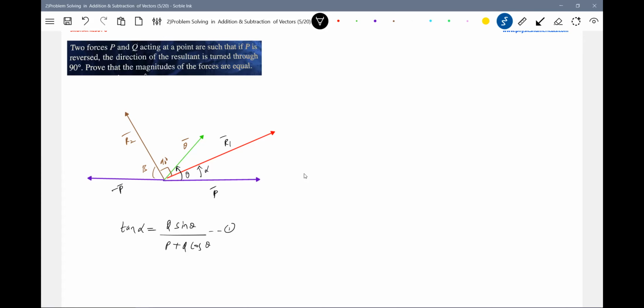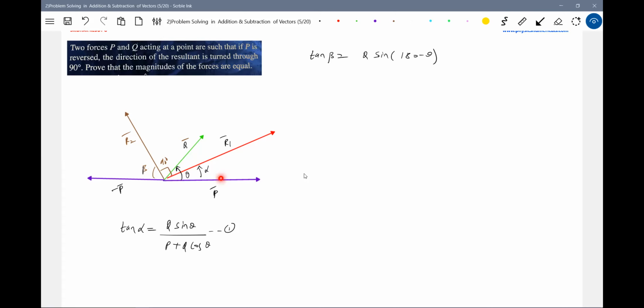Let me put it. Looking at this diagram, tan beta, I'm asking you to look here. Tan beta we can write as, again, the other vector is Q, and the angle between them will be sine of 180 minus, what is the angle between minus P bar and Q bar?